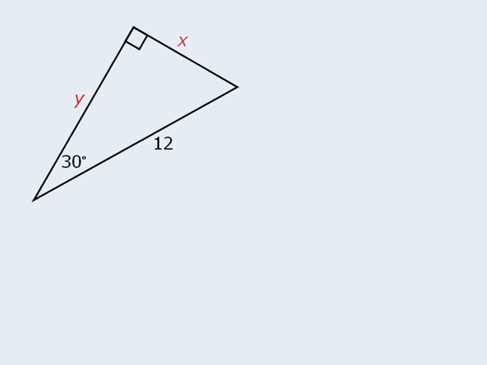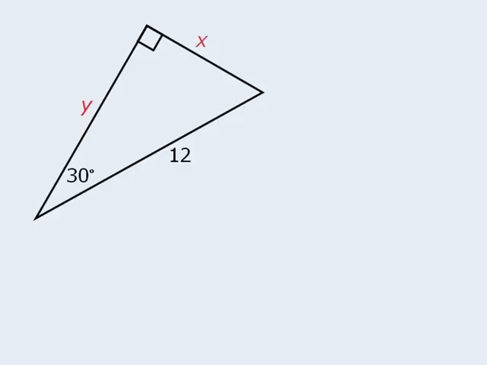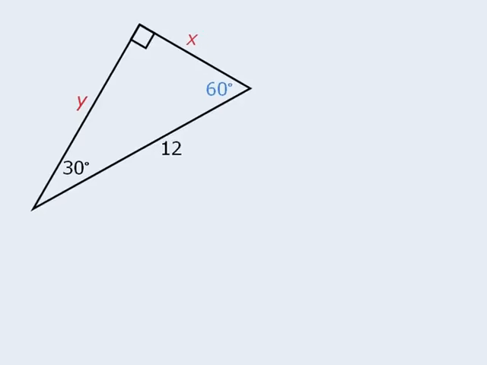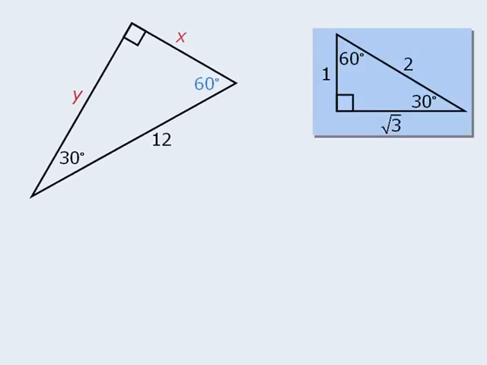Okay, let's practice. Here we want to find the lengths of two unknown sides. Now since one angle here is 30 degrees and the other is 90 degrees, we know that the third angle must be 60 degrees. Since we have a 30-60-90 triangle here, let's display the base version of this special triangle.